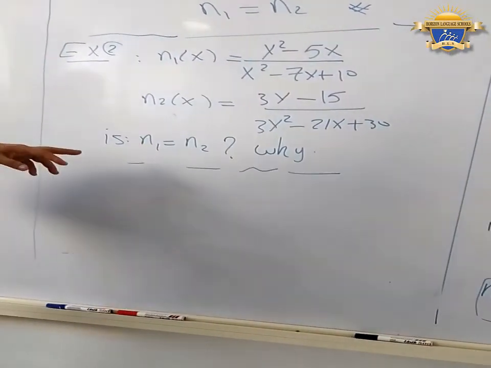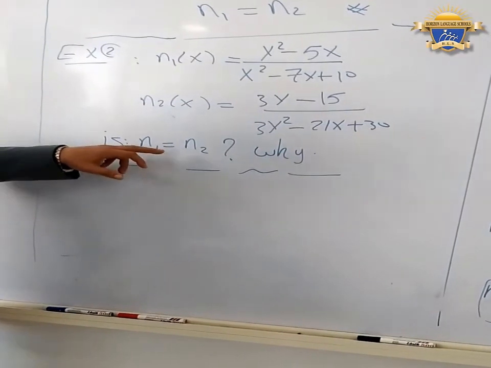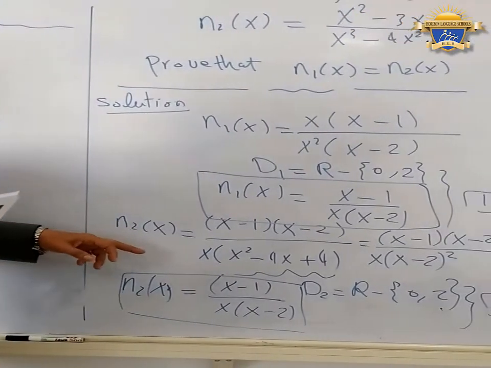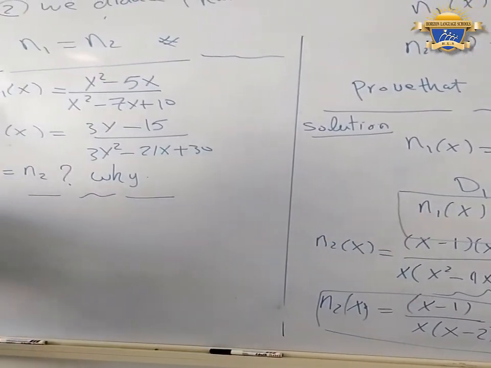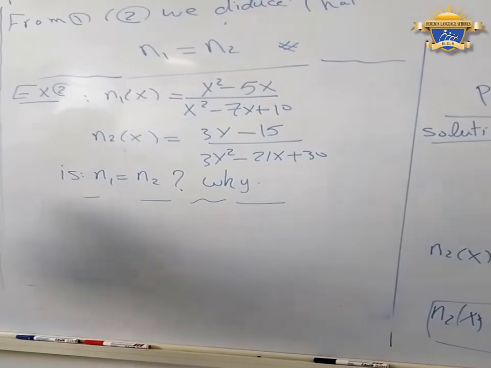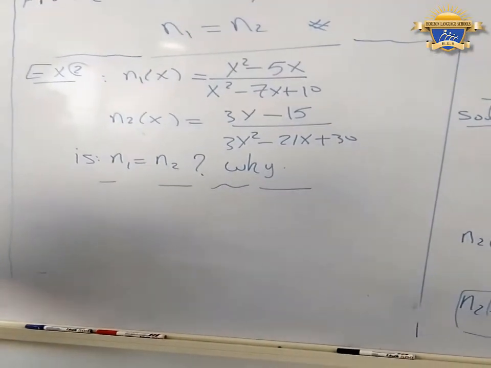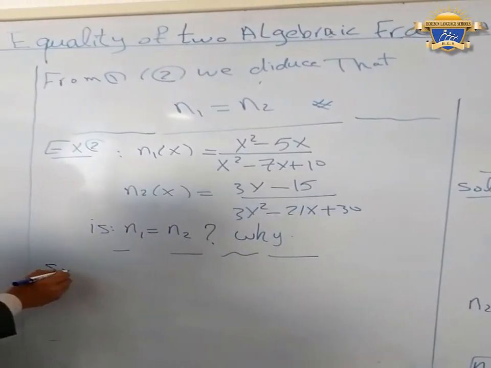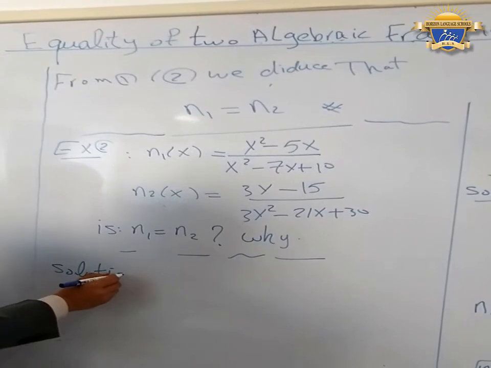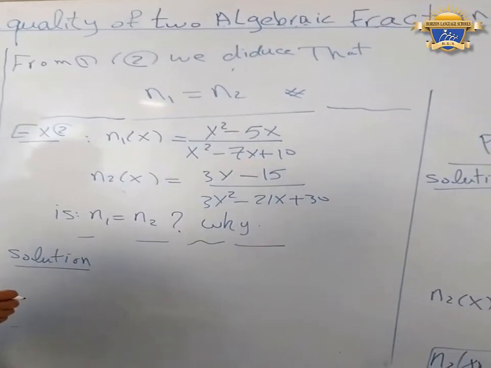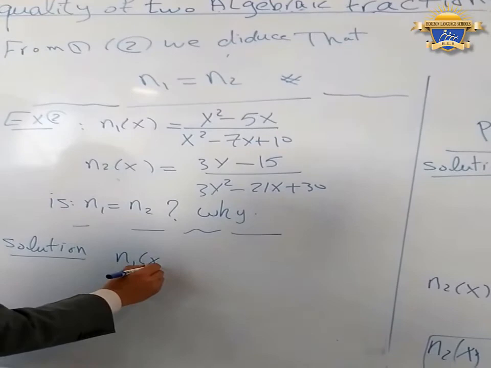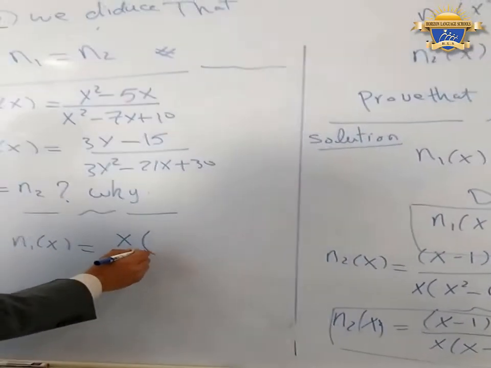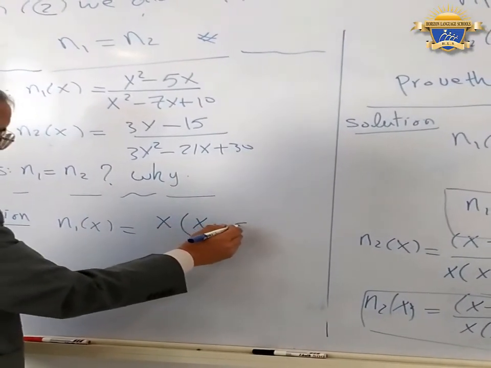To ensure whether N1 equals N2 or not, we have to find the domain of each of them and reduce each of them to its simplest form, and in this case we can decide the answer. Solution. The same steps will be taken. N1 of x equals, common factor x in the numerator, x minus 5.